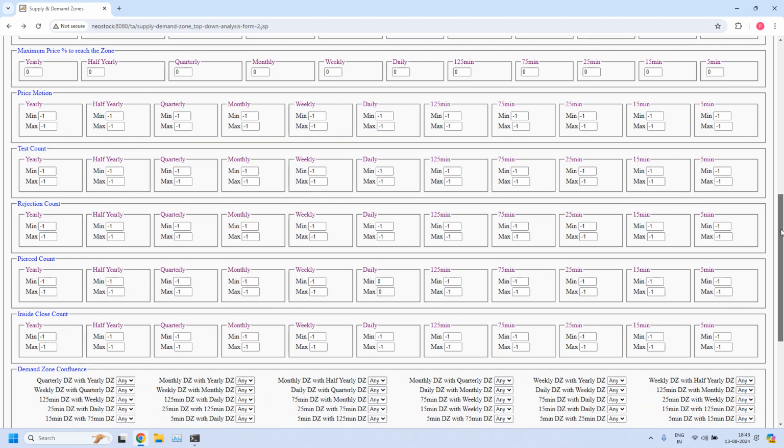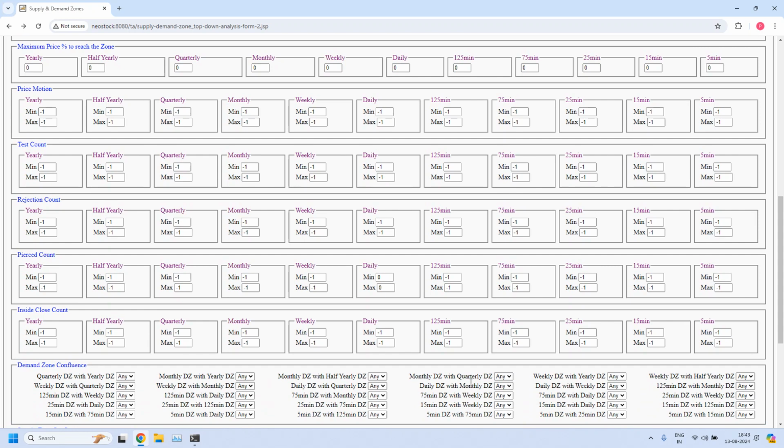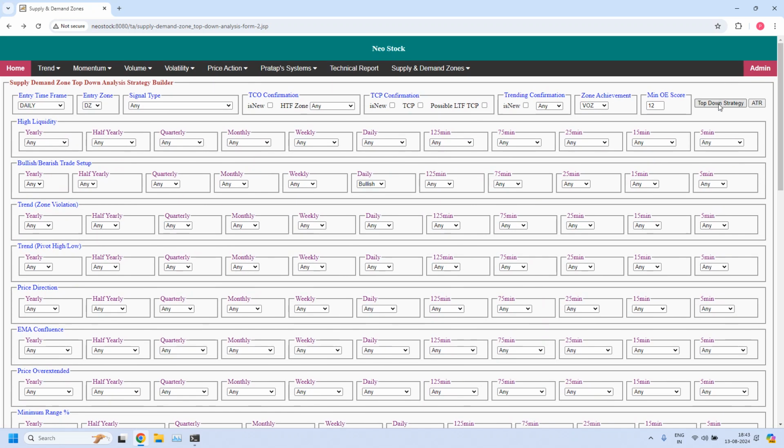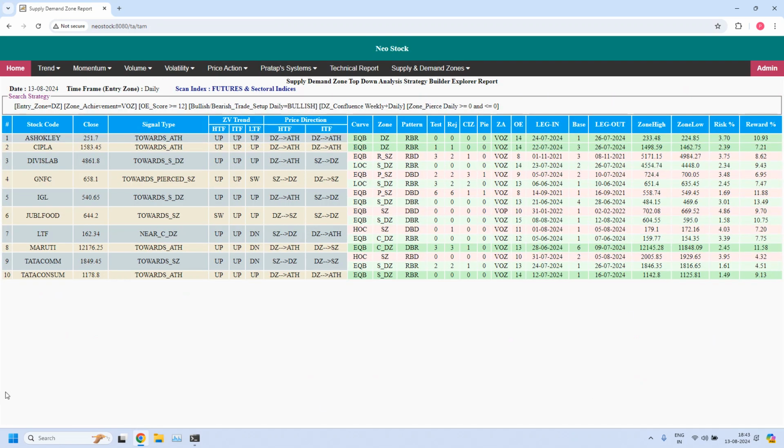In demand zone confluence, I am looking for a daily demand zone with a weekly demand zone confluence. This is the parameter. So this is the LTF and ITF confluence. Now let me filter the stocks from 24. Now the list has come down to 10. These 10 stocks are in confluence with the weekly time frame.